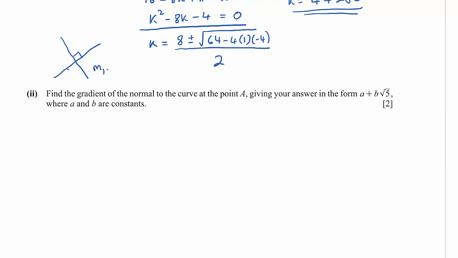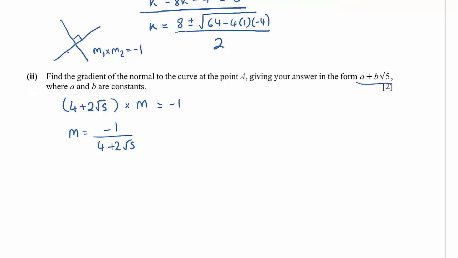And we know that that means that m1 times m2 would be negative 1. So 4 plus 2 root 5 multiplied by m must give us negative 1. So the gradient we want is going to be negative 1 over 4 plus 2 root 5.